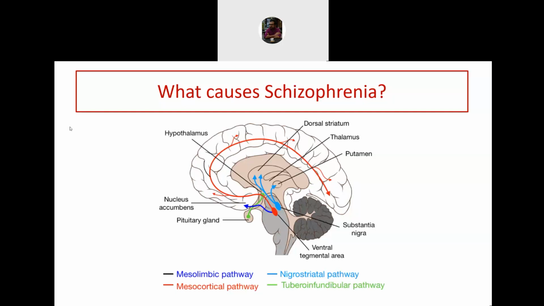And this pathway is known as the mesocortical dopaminergic tract. The mesocortical tract is responsible for our thought, action, emotion, etc. and behavior.